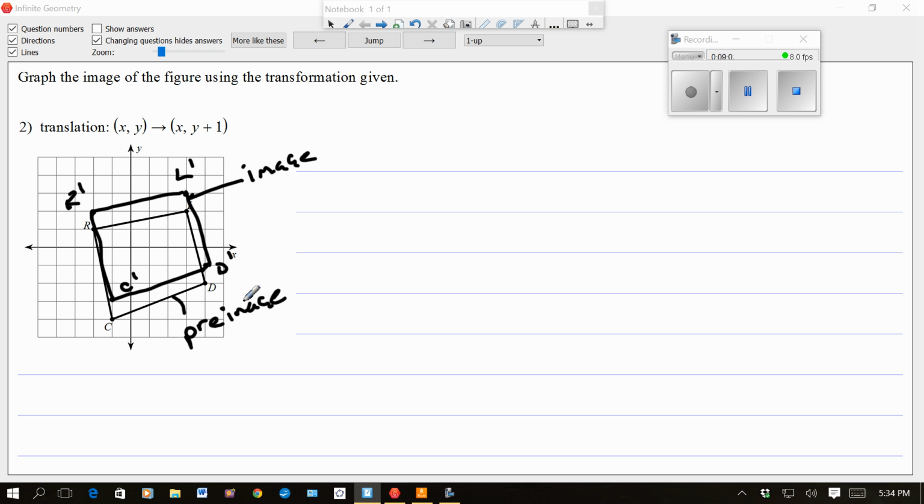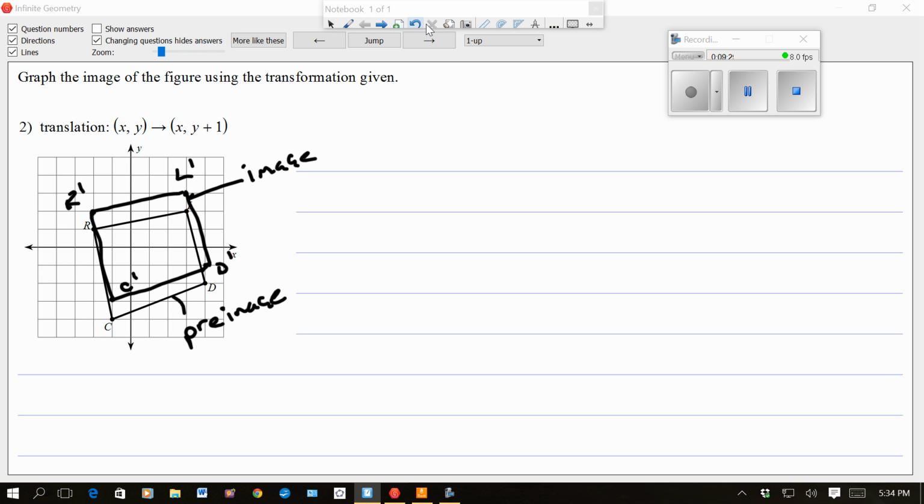Keep in mind that what you're doing here is adding 0 to x. You can think of it as subtracting 0 if you want, but you're not changing your x value at all. Your y value you are changing. You're increasing it by 1, so your point just goes up 1. Real easy. I'll do one more with you just to get you started.